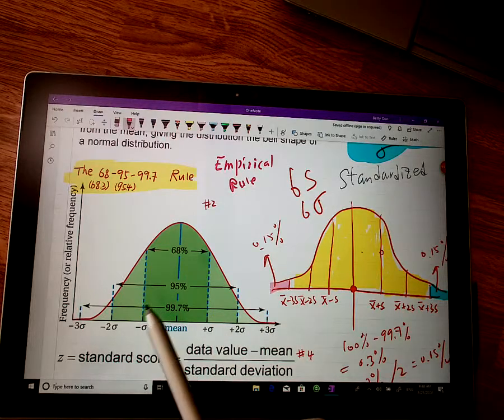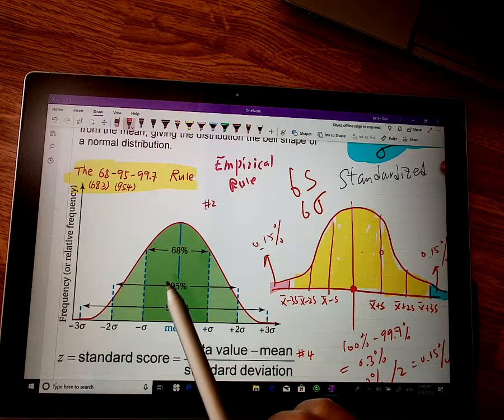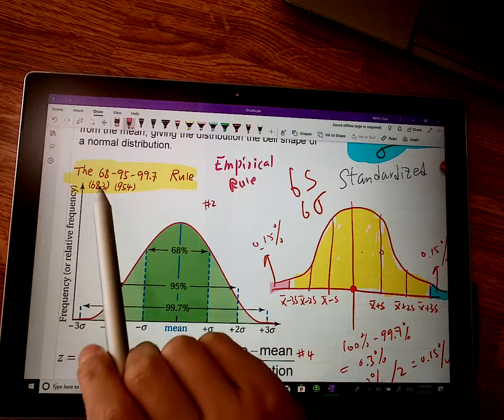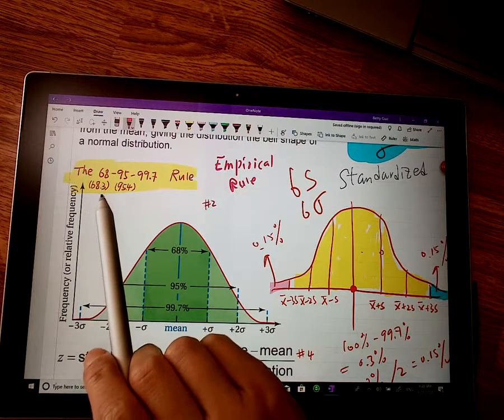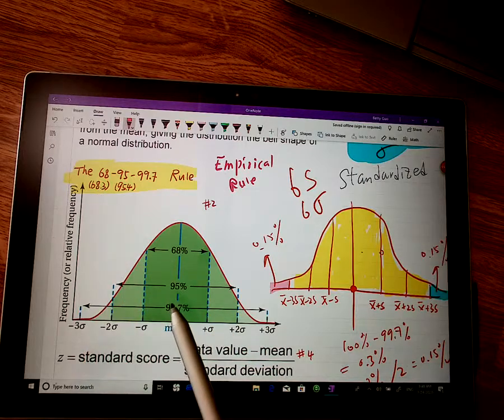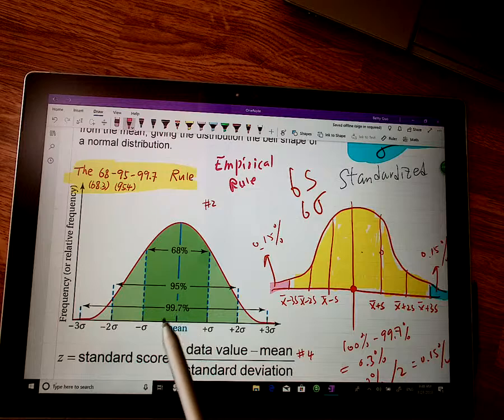It tells us if a data set is normally or roughly normally distributed, then about 68%, actually it's 68.3, we rounded it down, about 68% of the values in the data set fall within one standard deviation away from the mean.